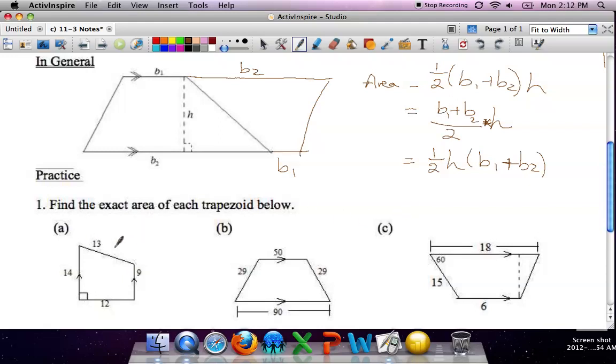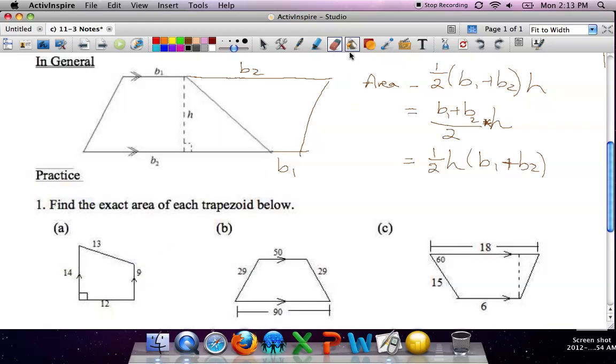Find the exact height of this trapezoid. Well, here's a right trapezoid, which means it has one right angle. So I can imagine making this also 12. Do we even need that? I don't think we do. I think this one is a straight-out application.